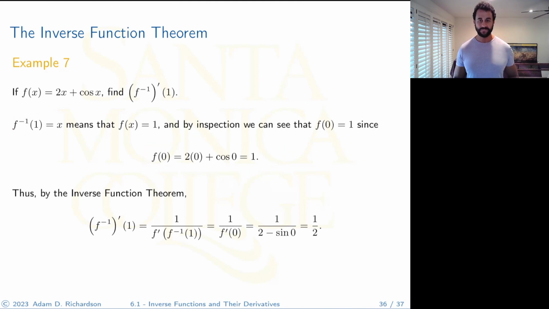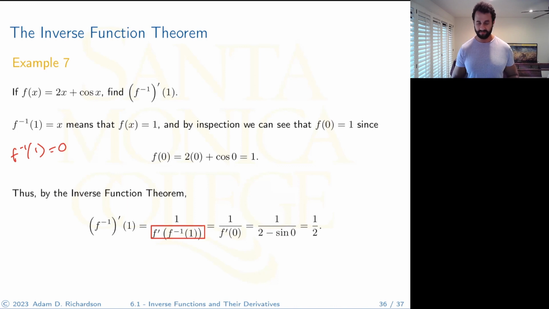All right, so now we can apply the inverse function theorem. One thing I want to emphasize is that just because f inverse of 1 is equal to 0, that doesn't mean that this expression is going to be equal to 0.